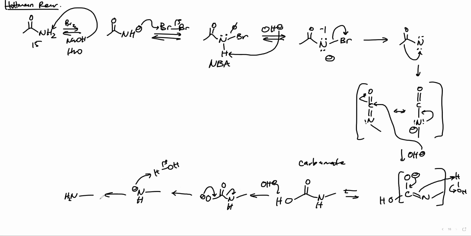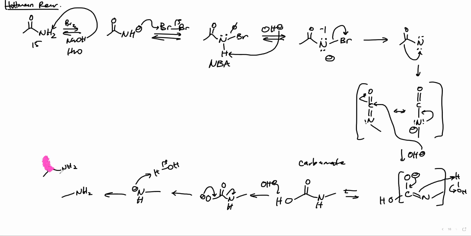Okay, so I want you guys to look very carefully, and I'll even rewrite this a little bit. When I look at the starting material and I look at the end product, what is the change that occurred? If lithium aluminum hydride just shaves off the double bond O, Hofmann rearrangement shaves off the carbon also.